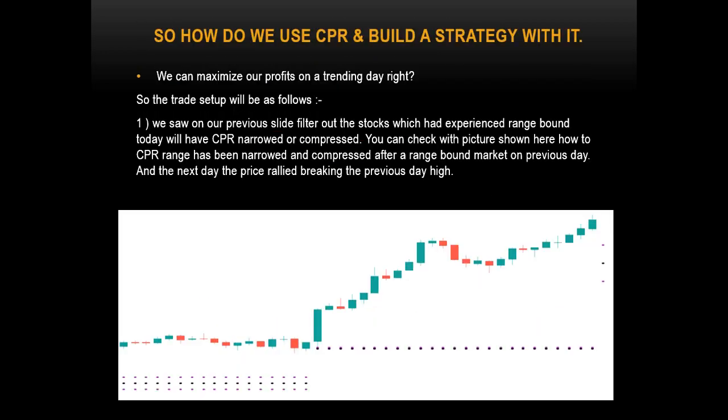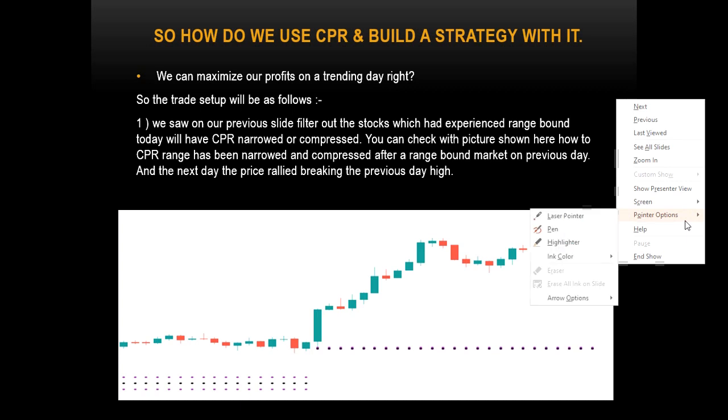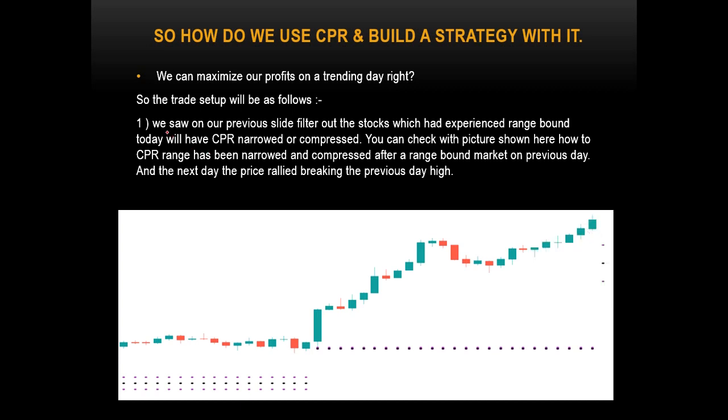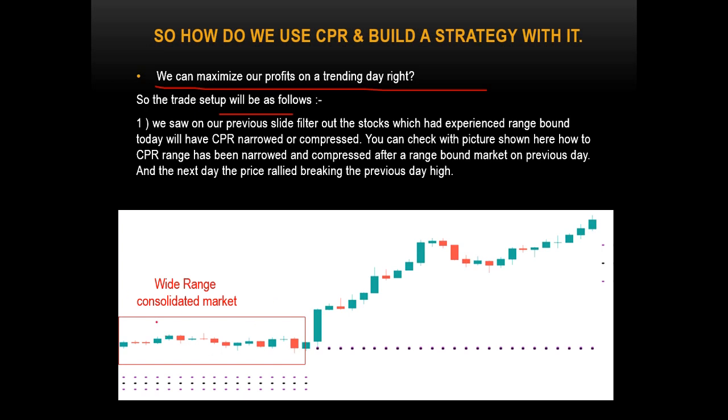You people may ask, Sharad, how do we use these hints from the CPR and build a strategy on it? Yes, we can build a strategy using these hints, applying some conditions and rules. We can maximize our profits on a trending day, right? So the trade setup will be like this. We will filter out stocks for tomorrow which have experienced a range bound and consolidated market today.